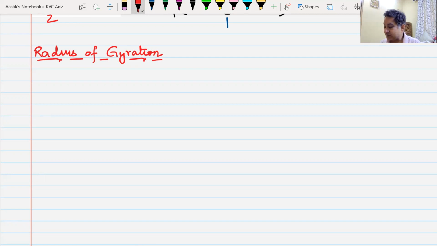Now, what is this radius of gyration? If I tell you the definition, you might be very confused. So instead of telling you the definition, I'll tell you how you find out this radius of gyration. A body has different moment of inertia about different axes.